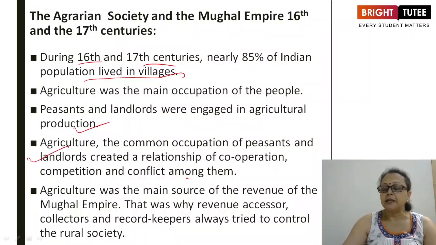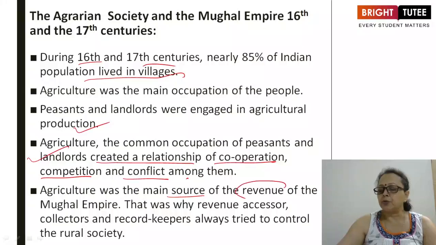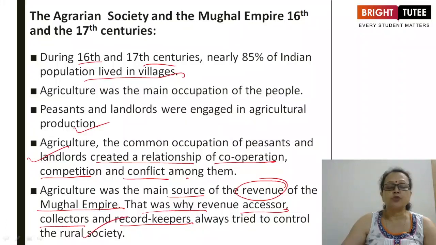All these things created a relationship of cooperation as well as competition, and they had conflict as well. This was the main source of revenue of the Mughal Empire. That is why revenue assessors, collectors, and record keepers always tried to control the rural society.